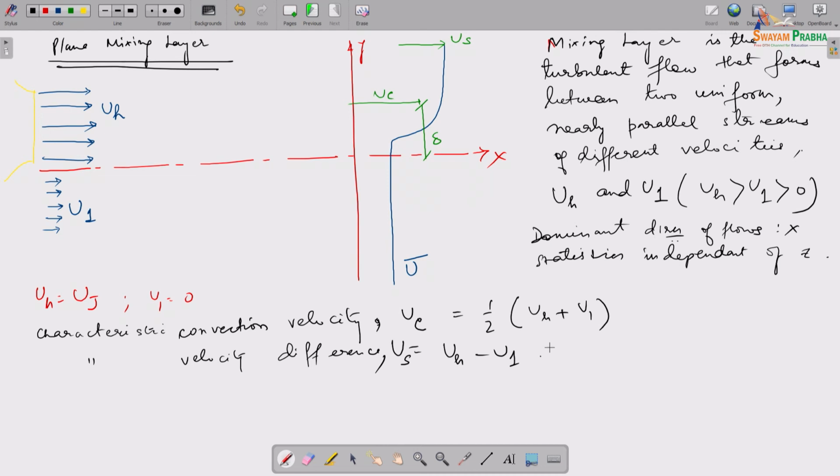So if you look at this velocity profile here, how do I draw this? I superimpose, right. That's what we said.